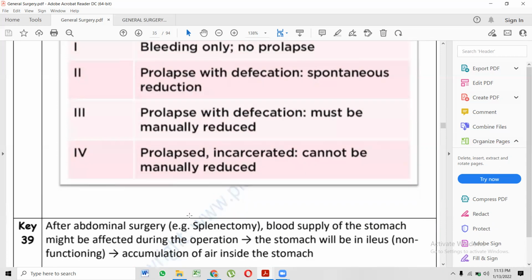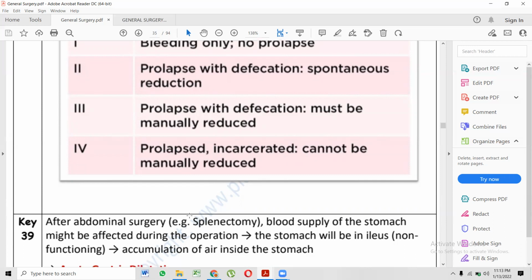Grade 1 and 2 hemorrhoids do not require any surgical intervention, while grade 3 and 4 hemorrhoids are managed surgically by performing hemorrhoidectomy.